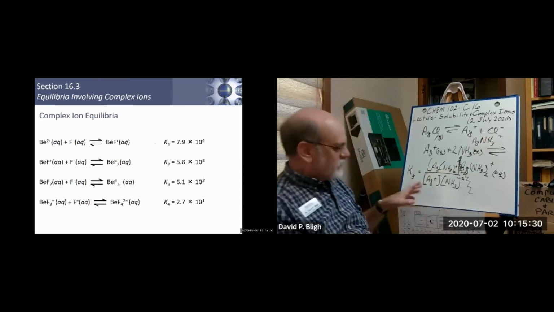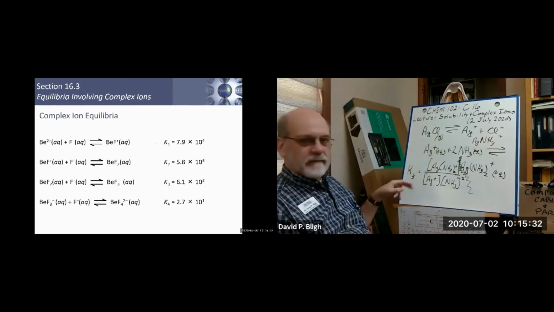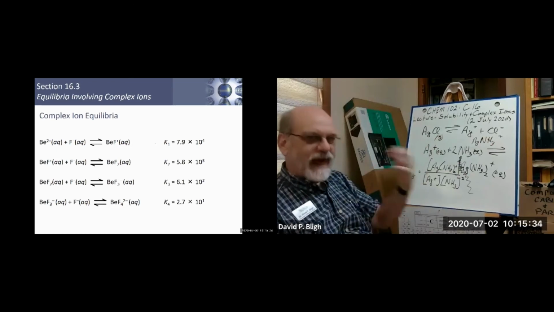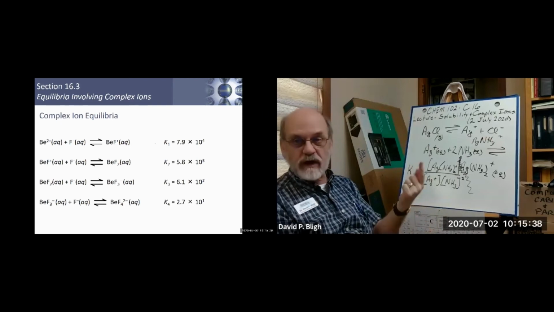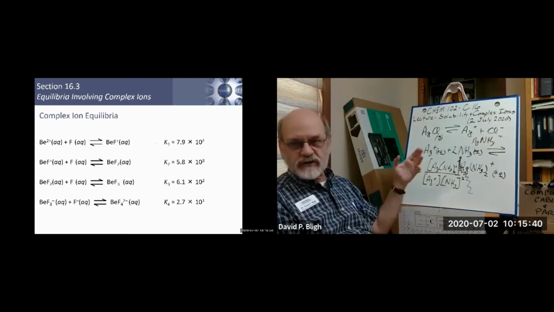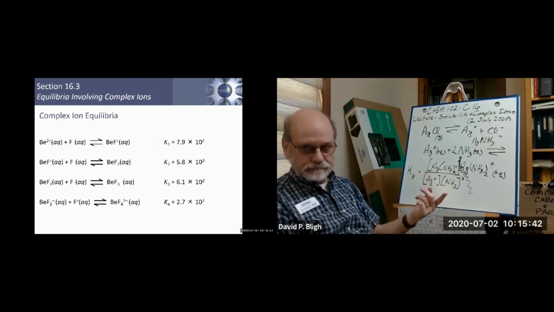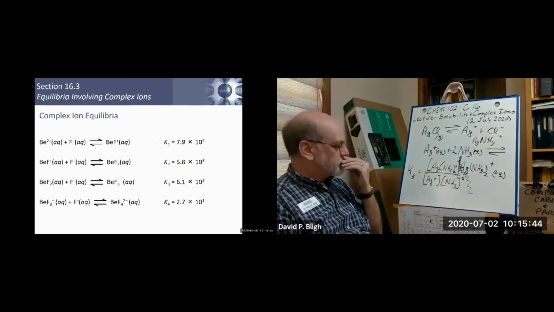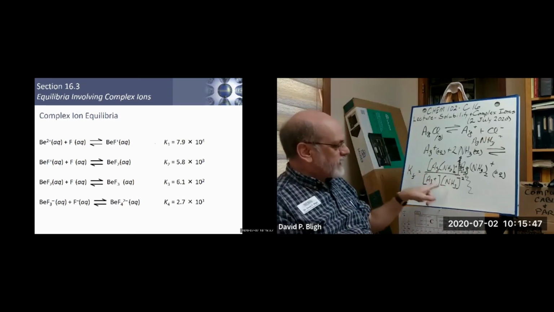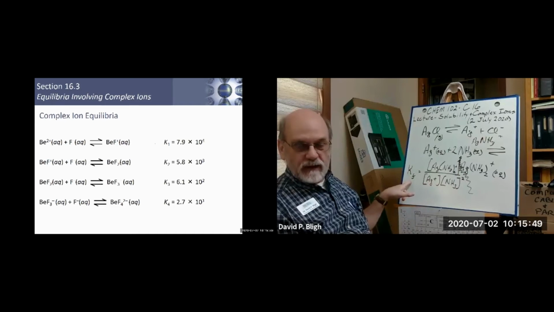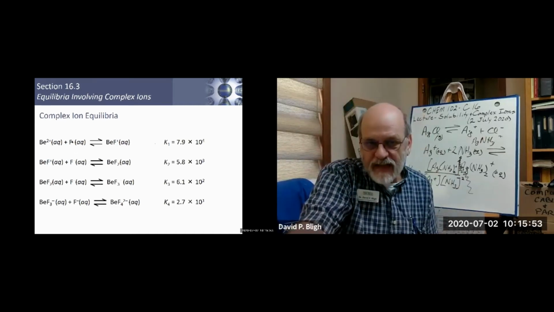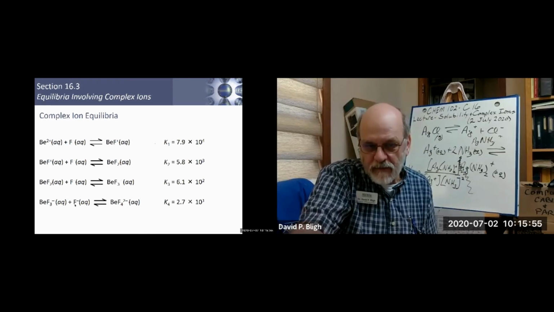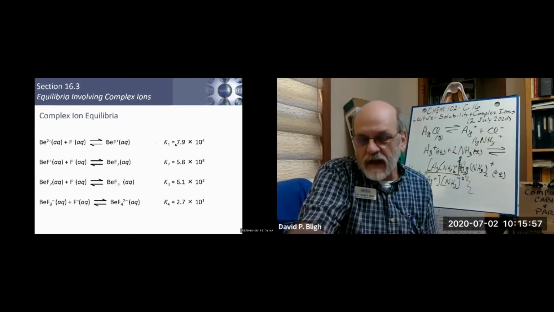Now, why do we bother with those intermediates? It's to explain what happens in stages. It's kind of like acid dissociation, one proton at a time. These reactions occur one ligand at a time. But we're only interested in this one because, look, even though we attach one fluoride at a time here, look how large the K value is, extremely large.